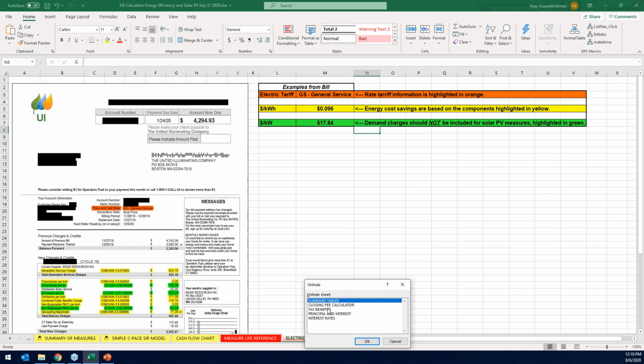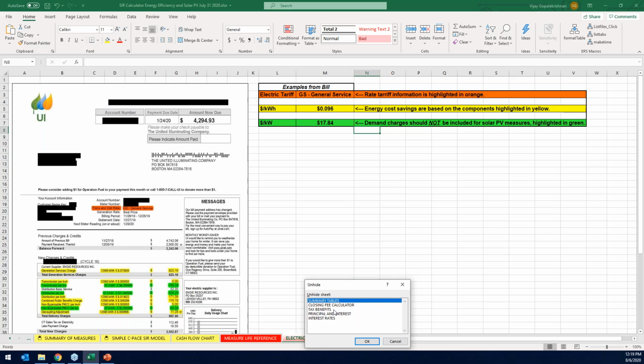I'm not going to walk through each of these hidden tabs, but I'm going to quickly give you a summary of them. The summary tables just summarize project specifics within tables. The closing fee calculator shows you what the financing closing fees are for the projects. The tax benefits detail tab has the information and calculations for depreciation, makers credits for solar PV projects, or income tax credits.